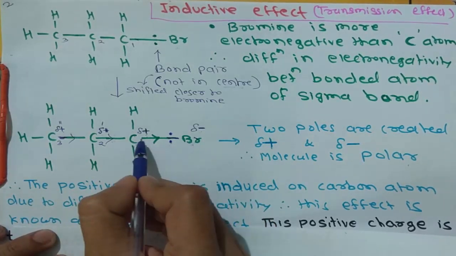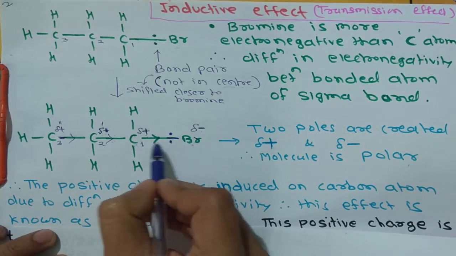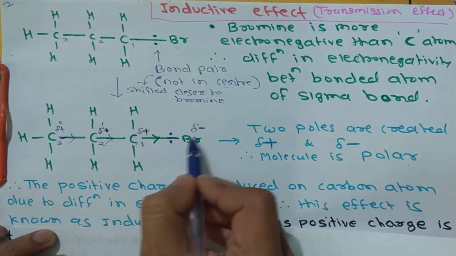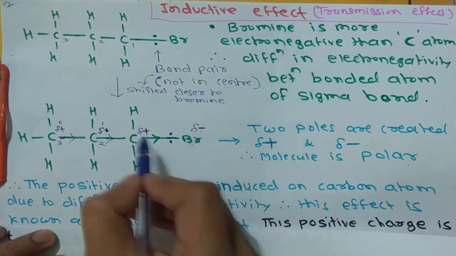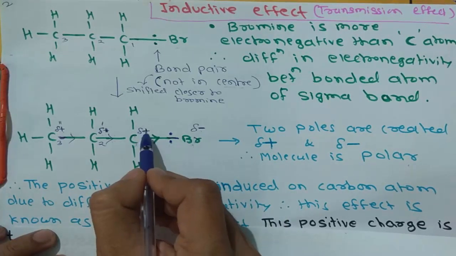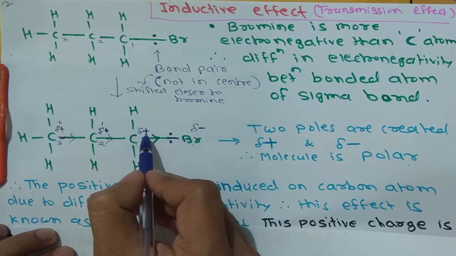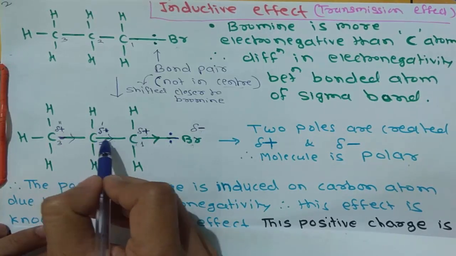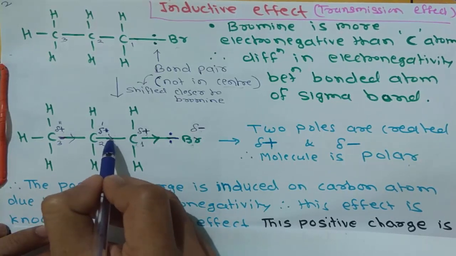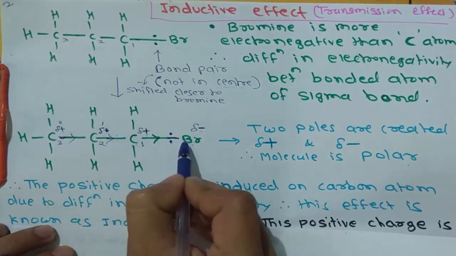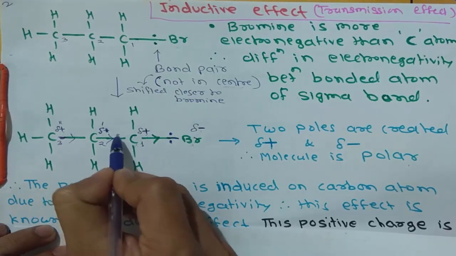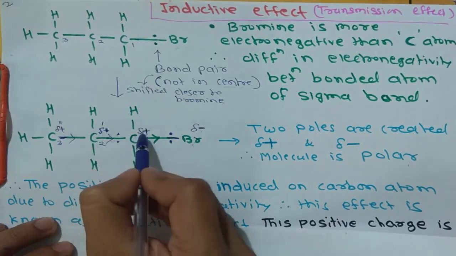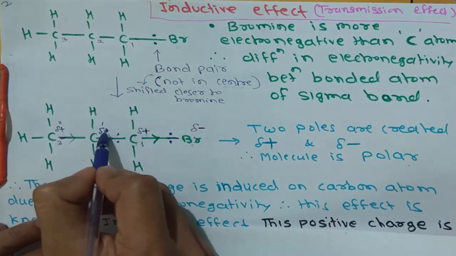Due to the shifting of bond pair of electrons towards the bromine atom, the bromine atom acquires the delta negative charge, the carbon atom acquires the positive charge. Here the positive charge is again present on the second carbon atom, because this shared pair of electrons is again more attracted towards the bromine atom. That's why this carbon atom also acquires the delta dash positive charge.